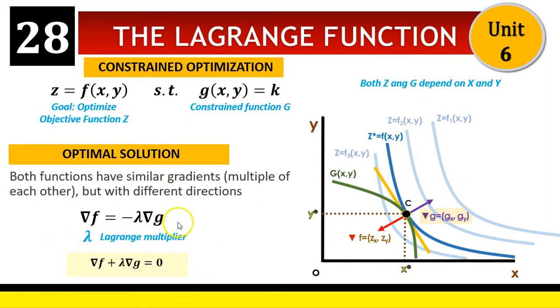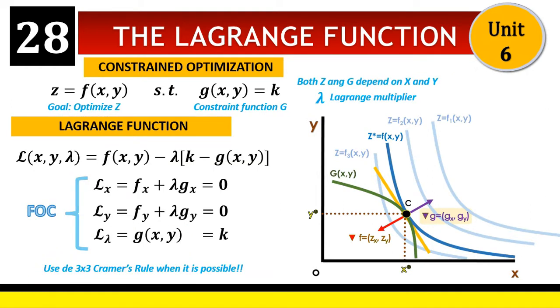Now, what we can do is some algebraic operation and move this minus lambda times gradient of g to the other side. And this is the property that we will need for the Lagrange optimization. Notice that the gradient of the objective function plus the Lagrange multiplier times the gradient of the restriction will be equal to 0.